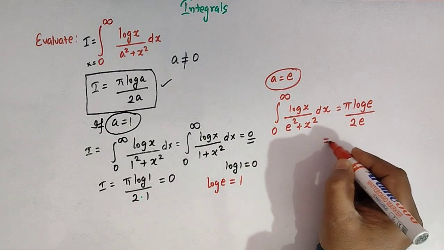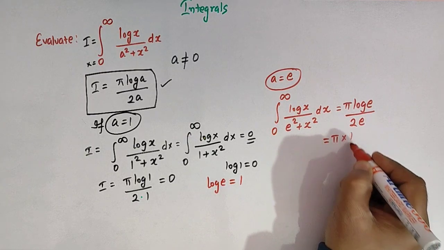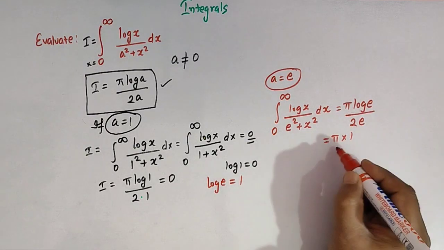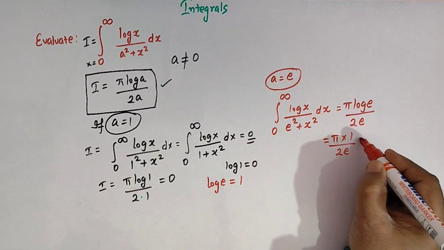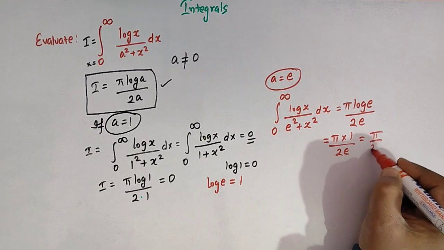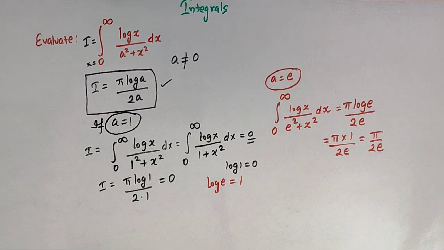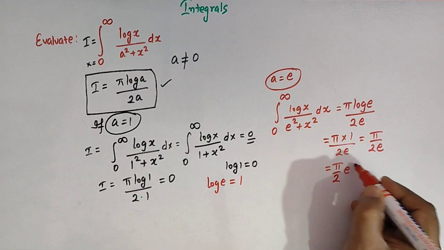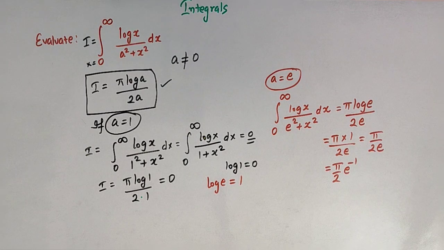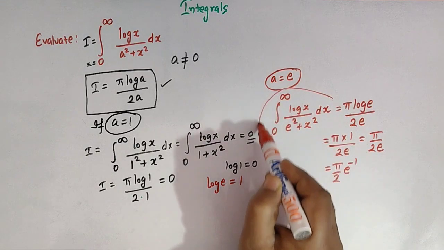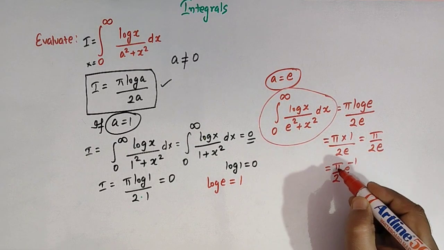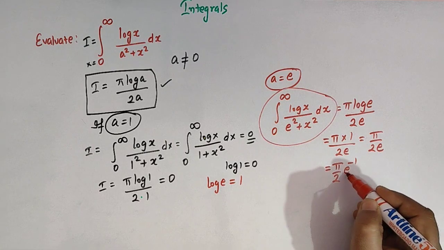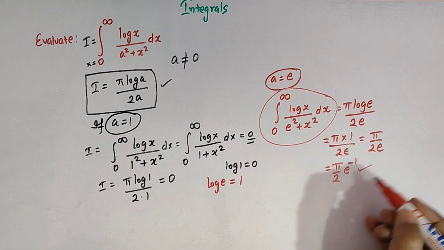So we have pi multiplied by 1 divided by 2e, so this is pi over 2 times e, or we can write it as pi over 2 e raised to minus 1. So the value of this integral is pi by 2 times e raised to minus 1, right?